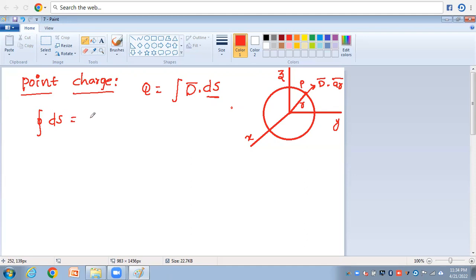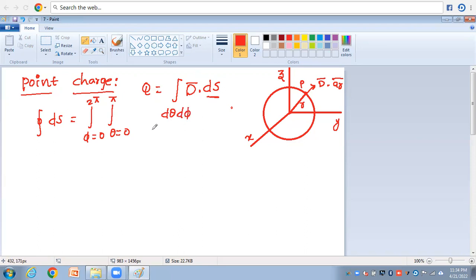This dS may be written as a double integral, phi from 0 to 2 pi and theta from 0 to pi.